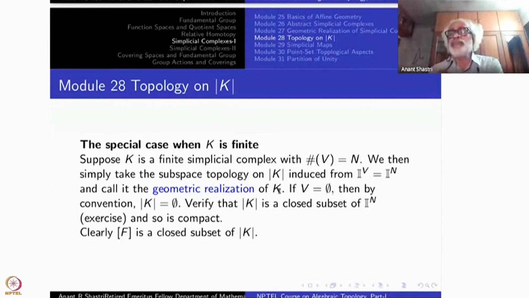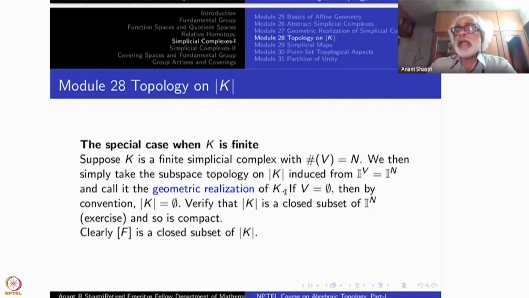Then mod K is a subset of I cross I, as many times as there are elements of V. So it is a finite cube, I power V. We can simply take the subspace topology from this I power V, which is I power N, where N is the cardinality of V. It's a familiar object for us. It's inside R power N, right? So take the induced topology, namely the subspace topology, and you call it the geometric realization of K.